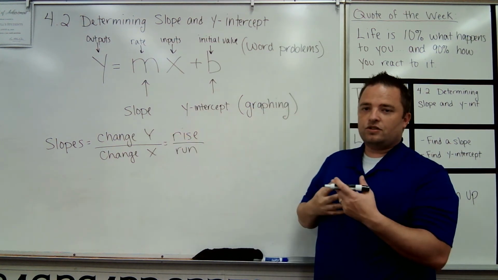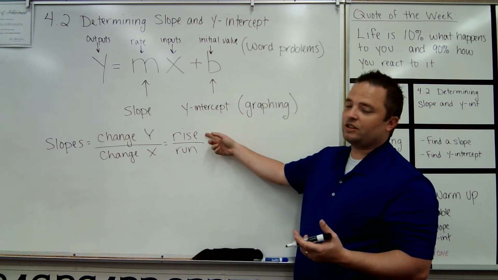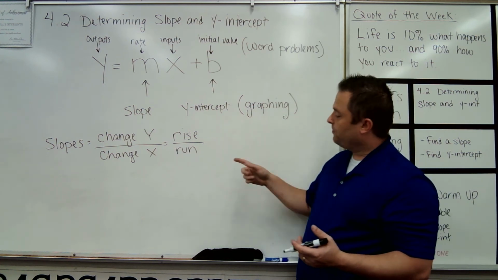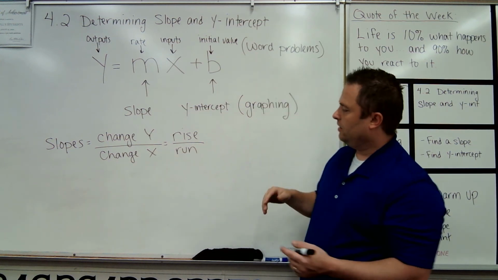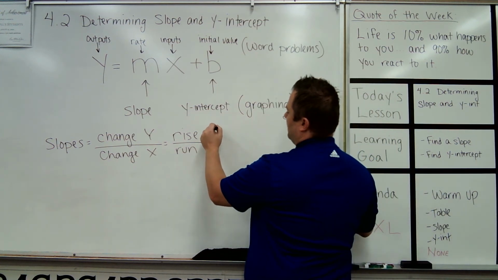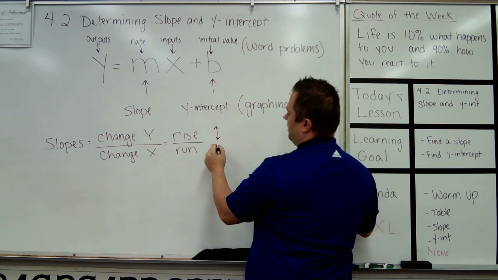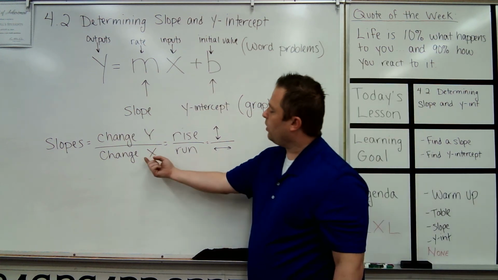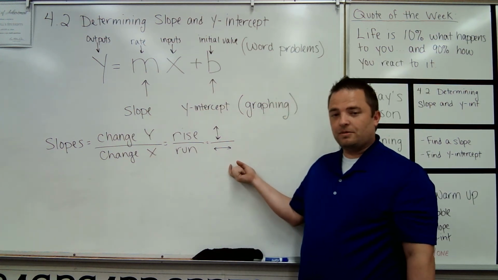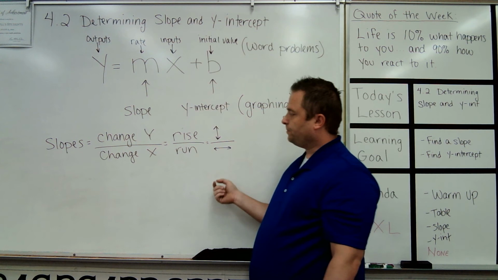We're not changing the process, we're changing what it's called to make it easier for our brains. Run is how much the x's are changing. So think of the rise as the difference up and down, and the run as the difference between left and right. These are all the same thing. I'm not changing it, I'm just making it easier to remember.